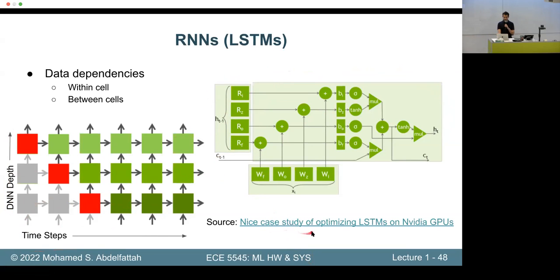There's a very nice case study by NVIDIA on how to optimize these RNNs for a very parallel computer architecture like a GPU. I recommend reading this optional reading to know a bit more about how data dependencies are handled on GPUs, both within a cell and between different LSTM cells.